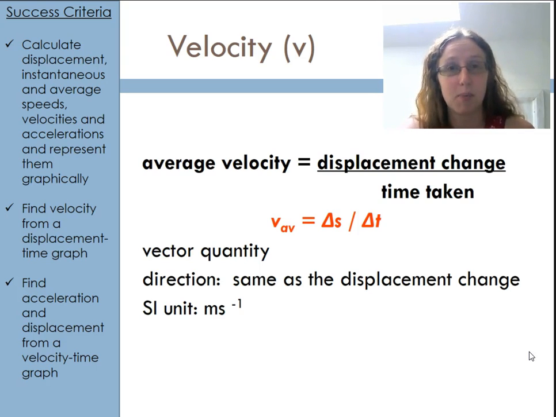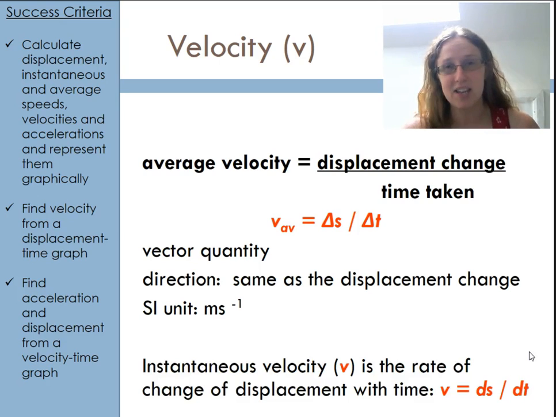My unit is going to be meters per second. Again, the instantaneous velocity is found the same way in essence as the instantaneous speed. The only difference is I'm looking at a displacement against time graph, and I would look at the gradient at that point in time, and it's just the delta s by delta t, which is the gradient at that specific point in time.